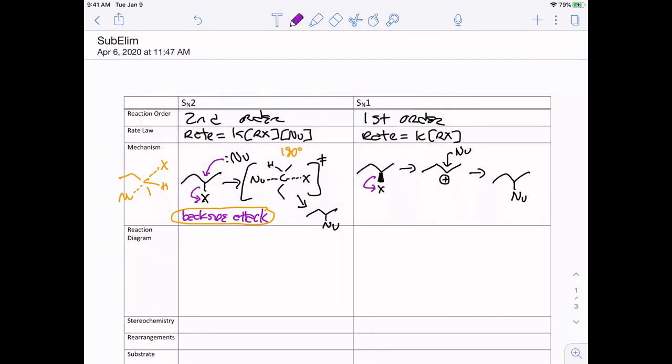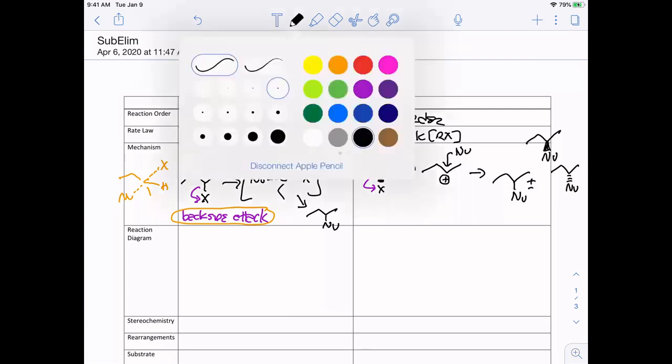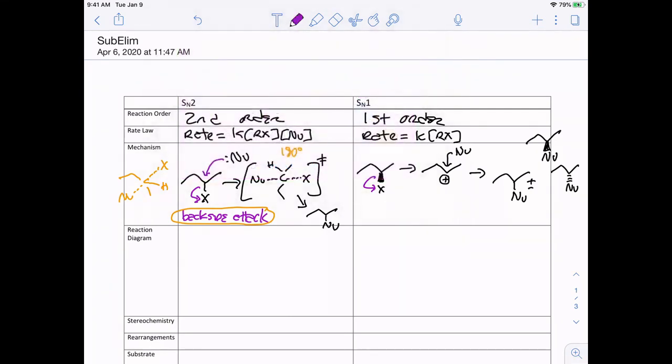Which means in my product, and I can do this a couple different ways, I can just write plus minus, meaning I'm getting both of them. What that means is I have the product where the nucleophile is coming out at us. I also have the product where that nucleophile is going back behind, because my intermediate is planar, right? Planar intermediate.